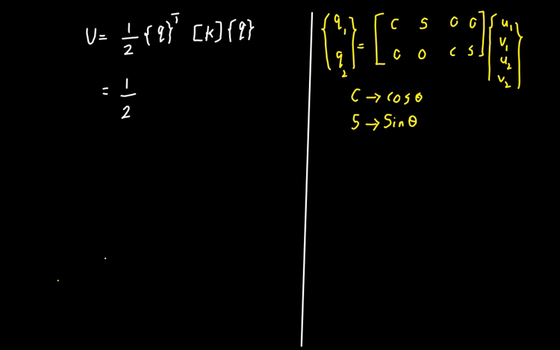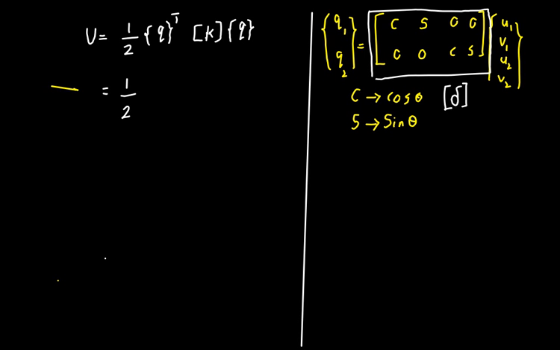So that's going to be Q1, Q2 is equal to C S 0 0, 0 0 C S. This matrix that enables you to transform between the actual displacements Q1, Q2 and the resolved components is called the transformation matrix. Maybe you can call that the matrix del.